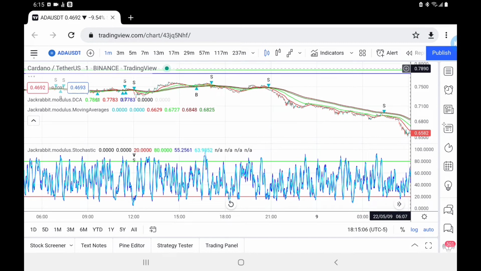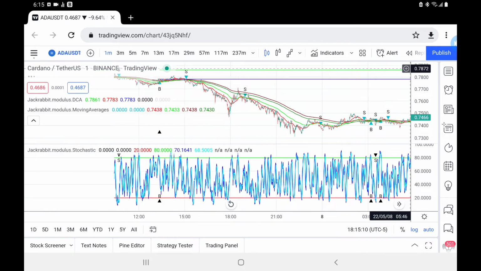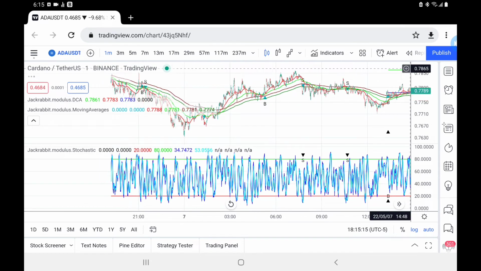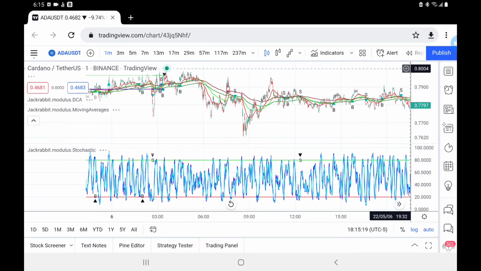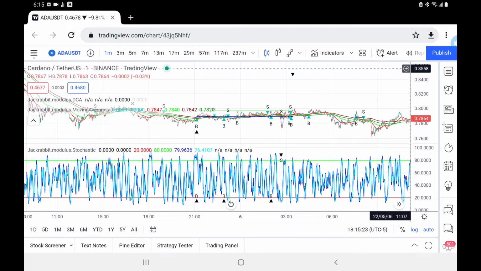Now, like all Jackrabbit recipes, this is an optimistic holding position. It is bullish because it believes the market is going to recover. That is significant whenever you deal with any kind of accumulation or holding-based recipe. It is bullish by nature.